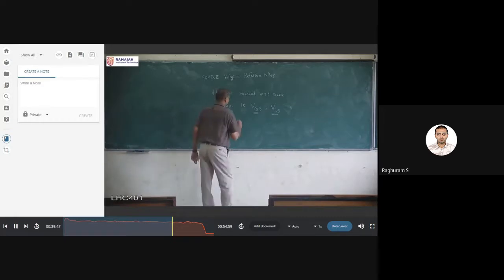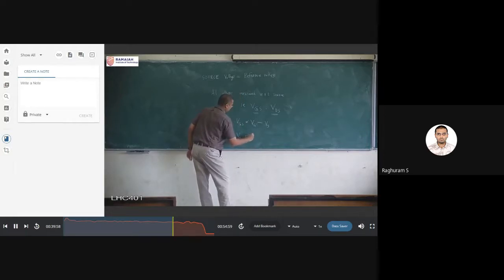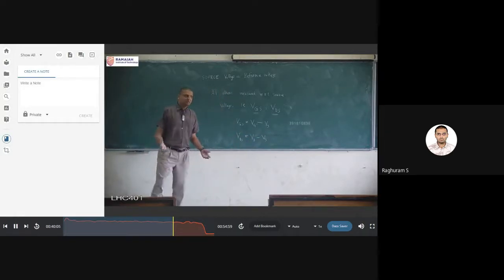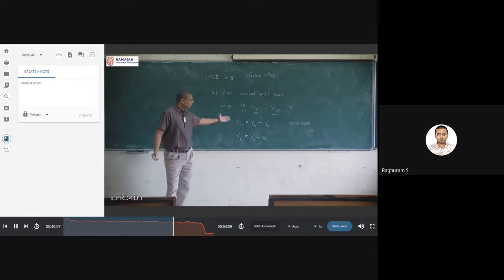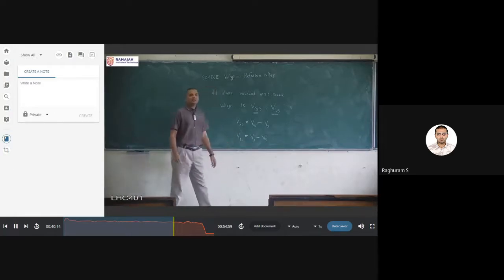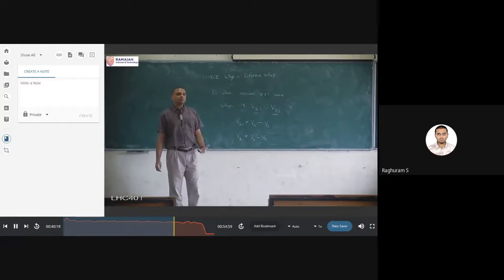Therefore VGS equals VG minus Vs, and VDS equals Vd minus Vs. This is the simple voltage reference formula from network analysis. This is how we can get negative voltages for Vg.